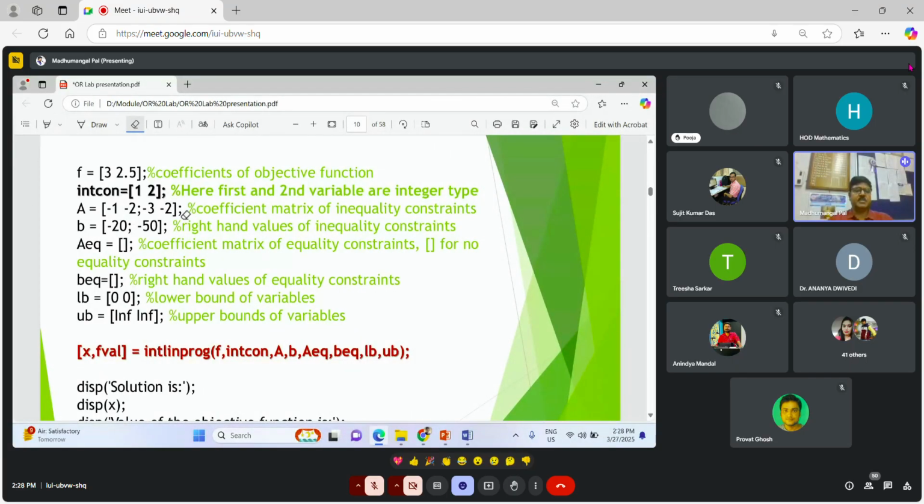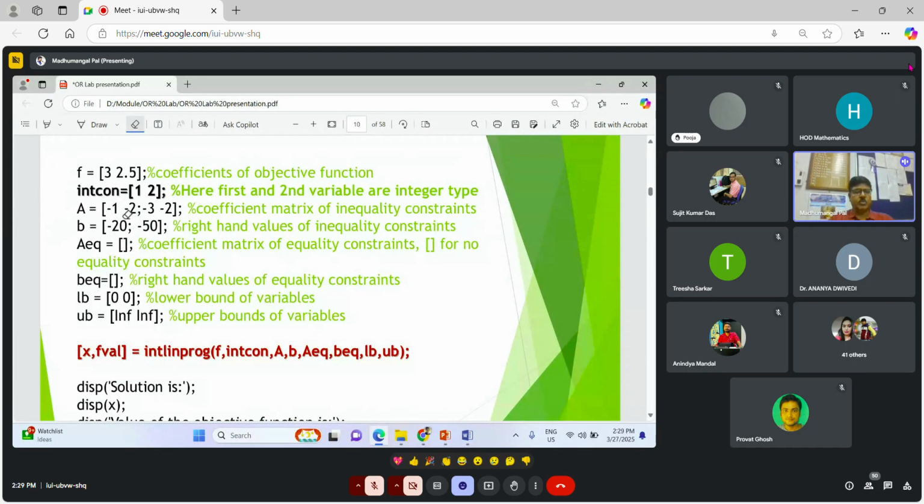The intcon vector holds the variable numbers. A is the coefficient matrix for the less than or equal to type constraints. The first row is -1 and -2, the second row is -3 and -2. The semicolon indicates the end of a row.